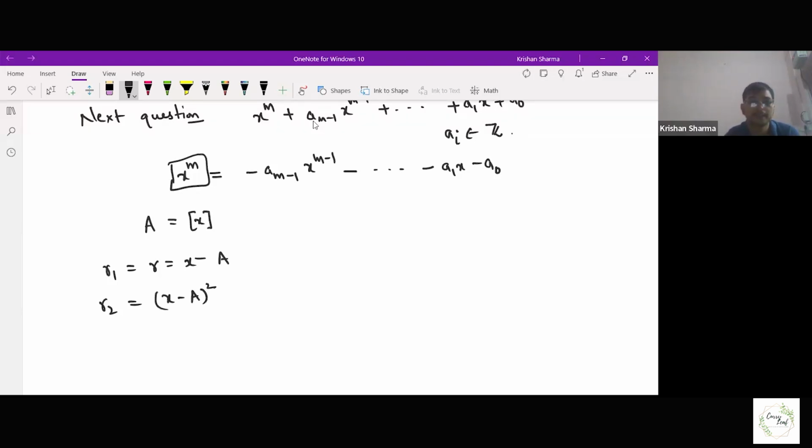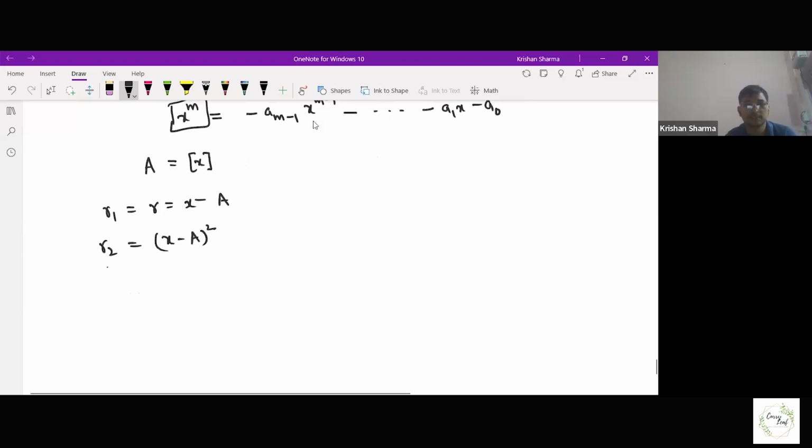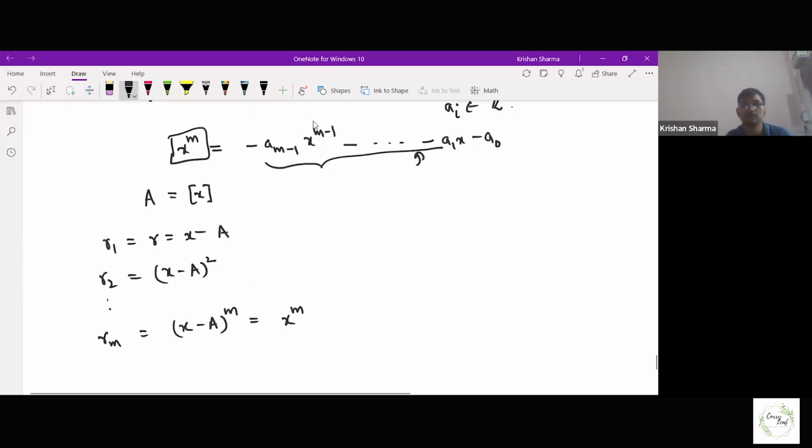If you continue this, when you reach rn, x minus a raised to power m, the first term will be x raised to power m, and you will put this value here instead of x raised to power m.